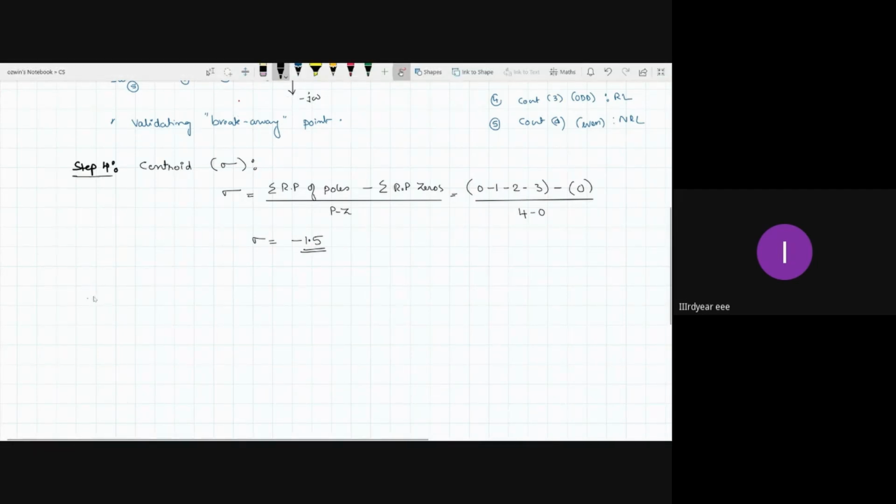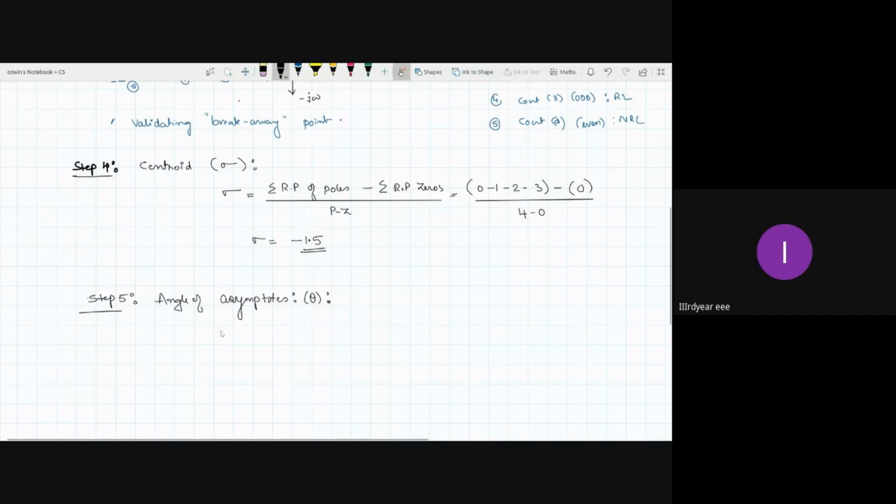Step 5 is angle of asymptotes, theta. Are you guys with me? You're able to hear me, right? Yes, sir. Okay.